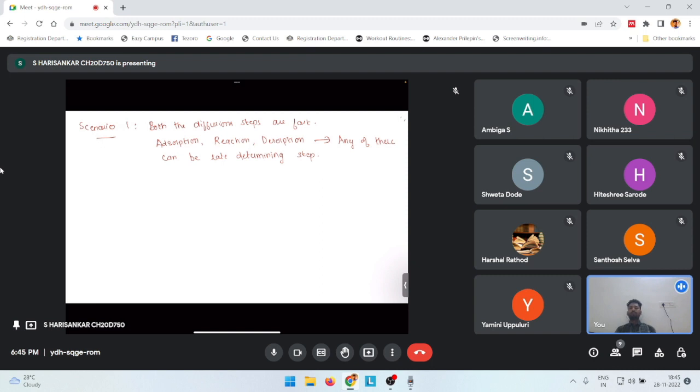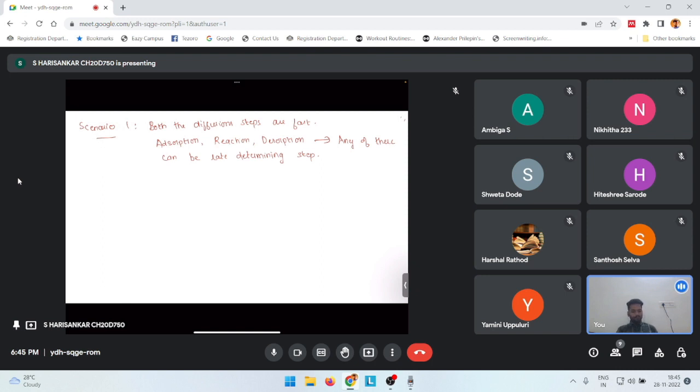Okay, this is scenario one. So both your internal diffusion as well as external diffusion are very fast, and because of that, your rate determining step can be either your adsorption or the surface reaction or the desorption step. So any one of these can be the rate determining step in this scenario.